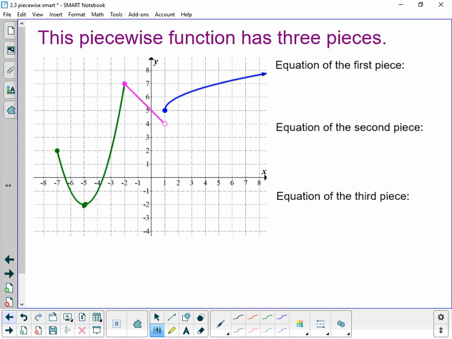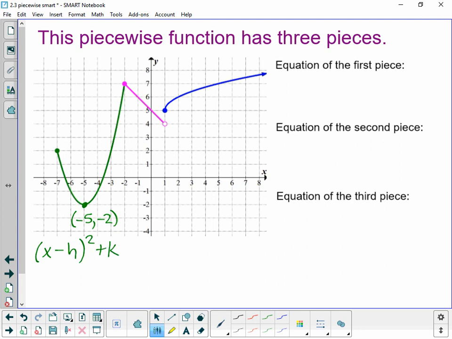Well, the parabola has a vertex right here at -5, -2. Remember, a parabola will have this form with the power 2.